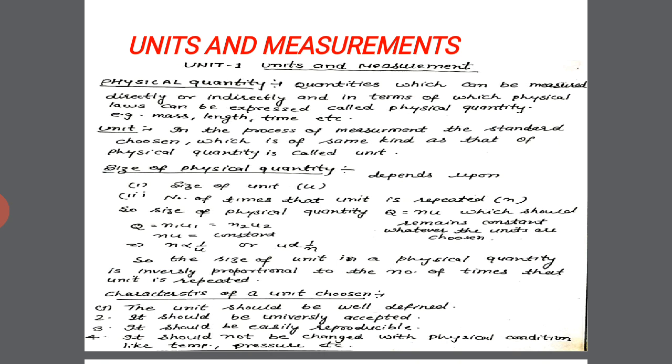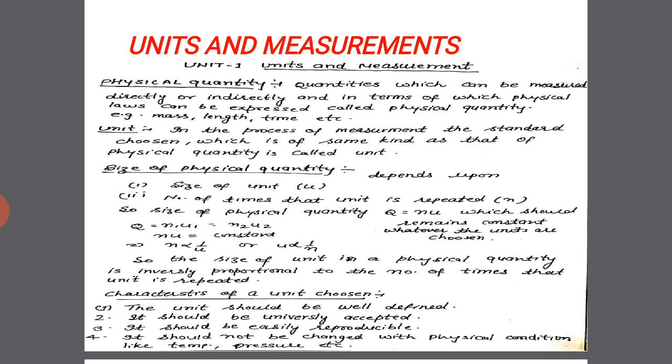So Q will be equal to n1 U1 for one unit, and is equal to n2 U2 for other units of the same physical quantity also. So n is proportional to 1 by U, or U is proportional to 1 by n.